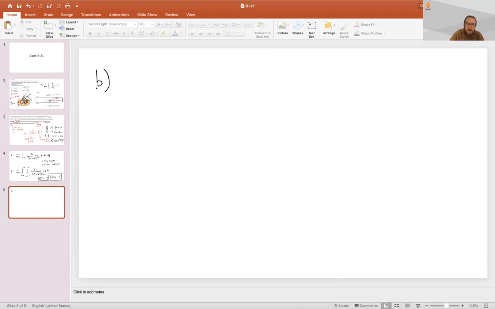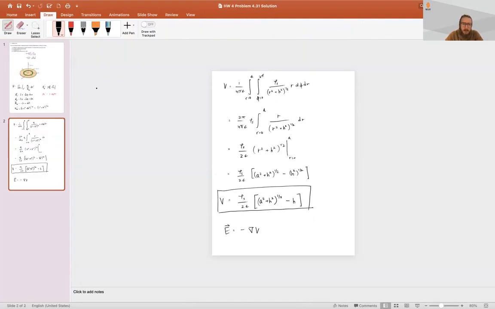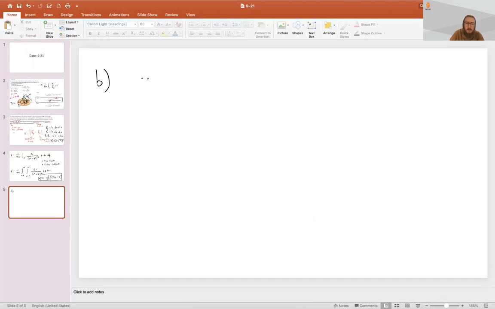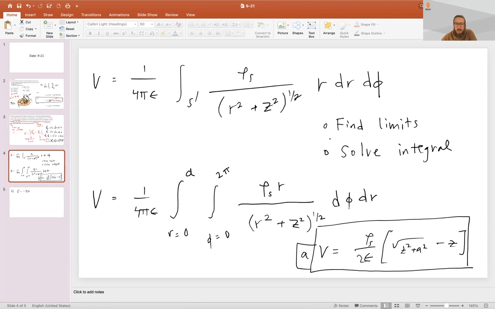Now for B, we have this relationship between the electric field and the voltage. So you can take your expression here and solve this.